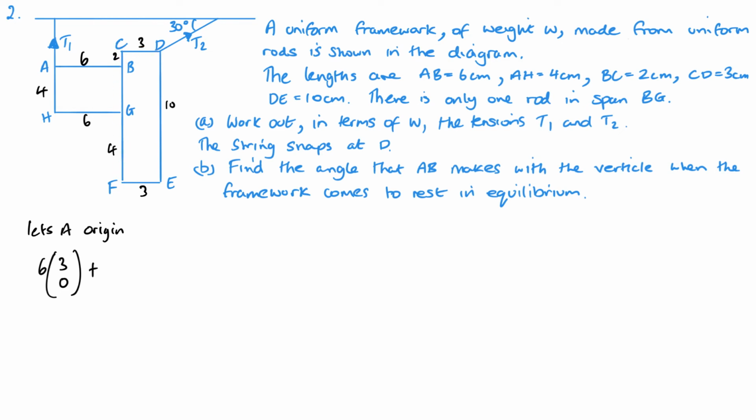So let's go around. CD is 3, and that is now going to be 6 and 1.5, so 7.5 across, 2 up. DE is 10. Now, we've got to go 6 and 3, so 9 across. That bit's the straightforward one.